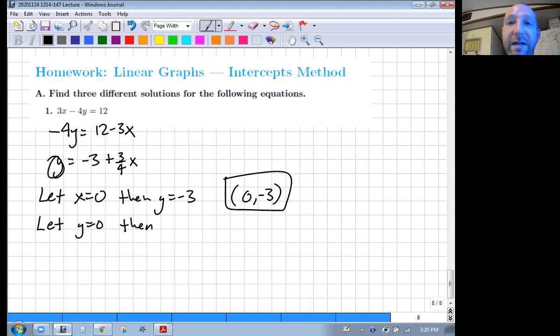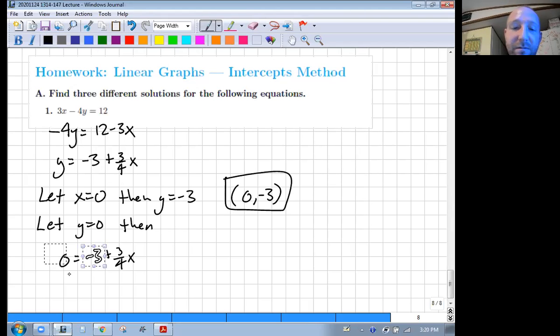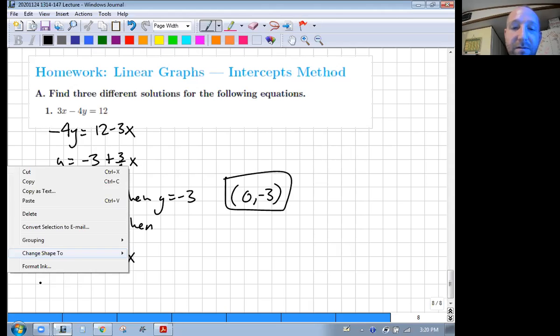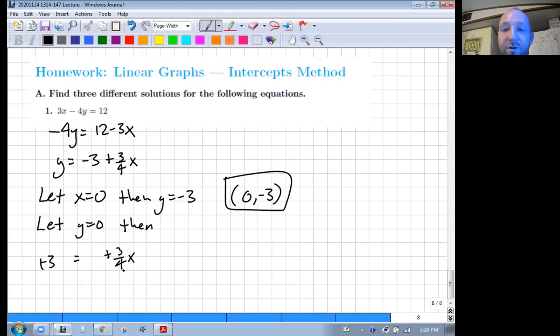Put a 0 right here, what would we have? Right, we'd add 3 to both sides. Multiply both sides by 4. So we have 12 equals 3x. Divide by 3, x is 4. So another solution would be 4, 0.